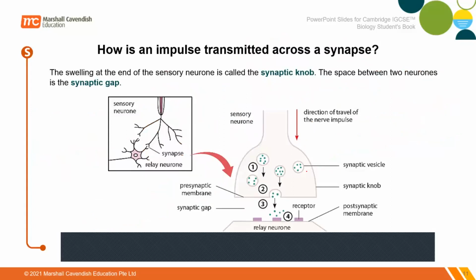This is the synaptic vesicle. The membrane of the synaptic vesicle fuses with the pre-synaptic membrane. We have some protein molecules that act as receptors, accept a neurotransmitter, and send it to the post-synaptic membrane.